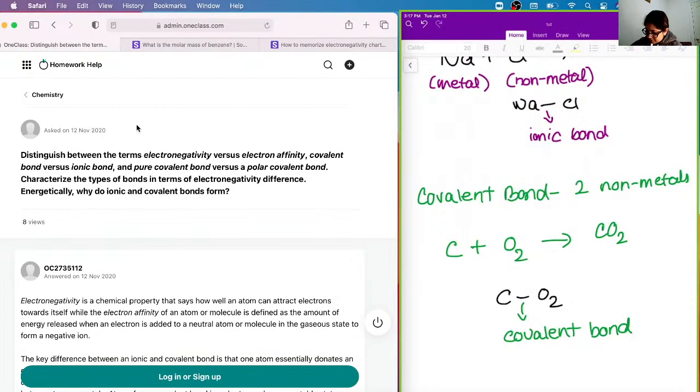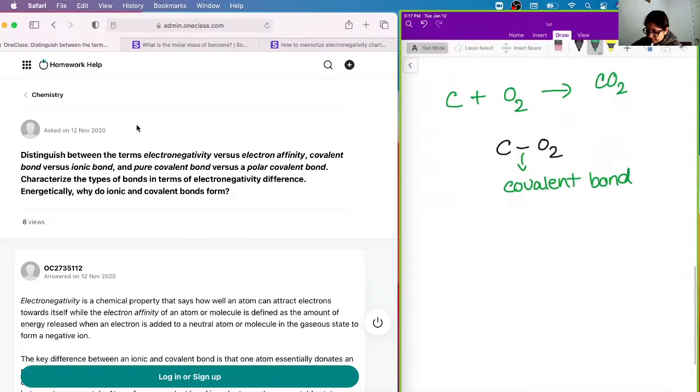And one other property or aspect of covalent bonds is that atoms form a covalent bond in order to reach a more stable state, right? So let's write this.